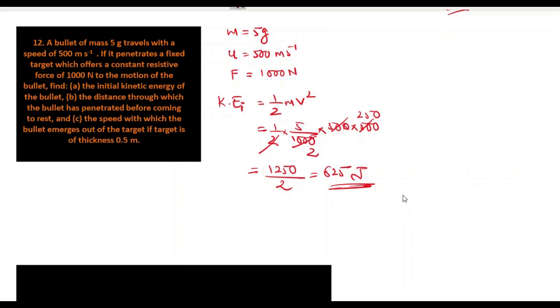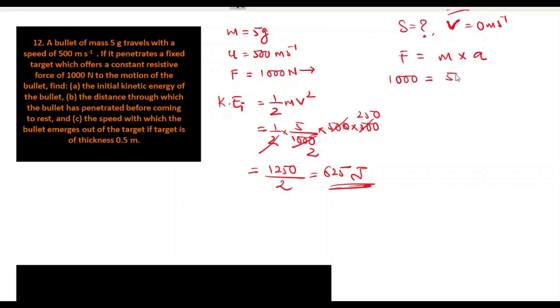Cool. The distance through which the bullet has penetrated before coming to rest. So we have to find the distance, and we know that finally the bullet comes to rest, that is, its final velocity is 0 meter per second. Now we know that a resistive force of 1000 Newton is exerted on the bullet, right? So force is equal to mass into acceleration. What is the force? 1000 Newton.